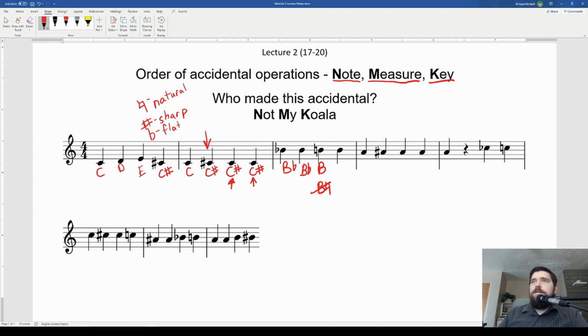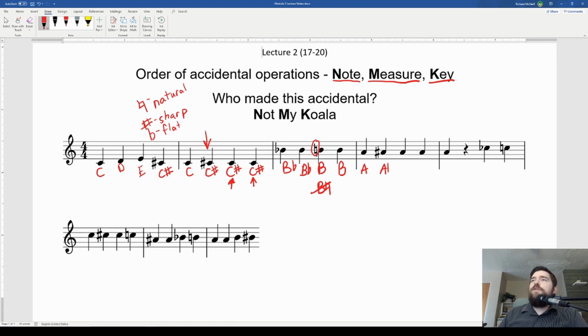Now the next B, we take a look previously in the measure. We have a flat and a natural previously in the measure, so which is it? It goes with whatever was the last modifier, the last accidental. So that one is a natural B. Taking a look at these others, that one is an A from the key signature.